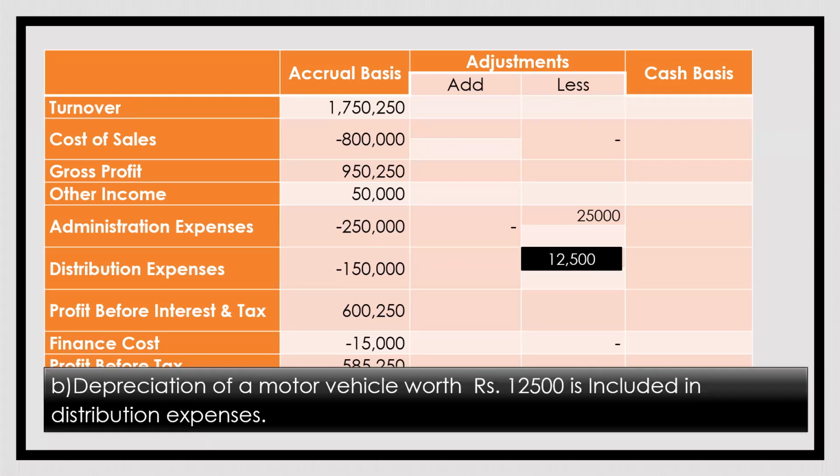So for goodwill, we have the impairment. For intangible assets, we have amortization. For tangible assets, we have depreciation. These three are non-cash flow items. Therefore, we have to remove them in order to arrive at the cash basis.